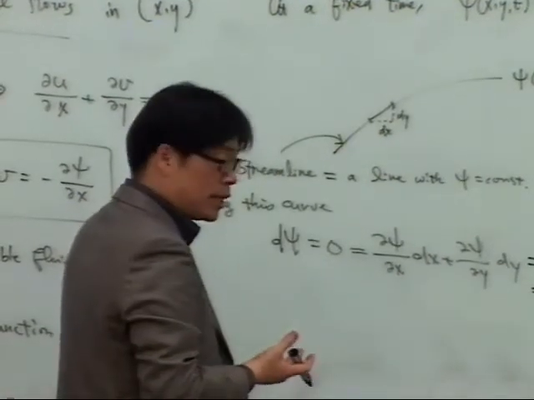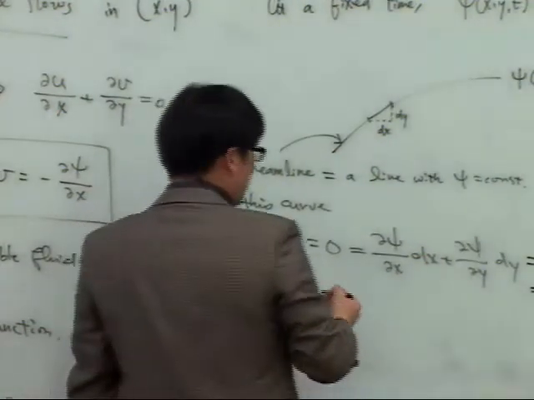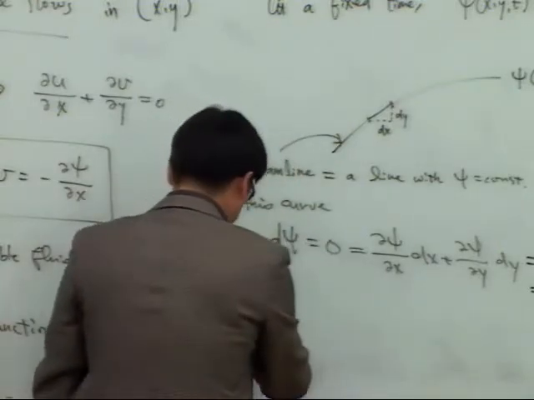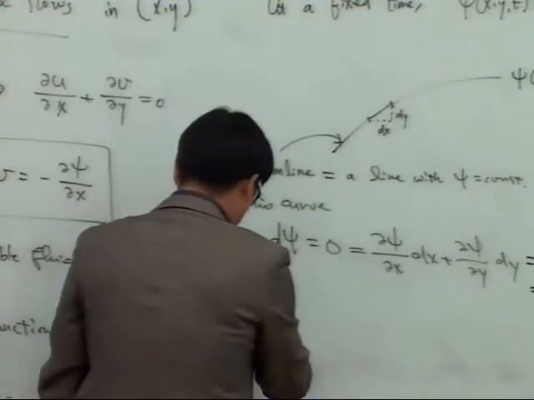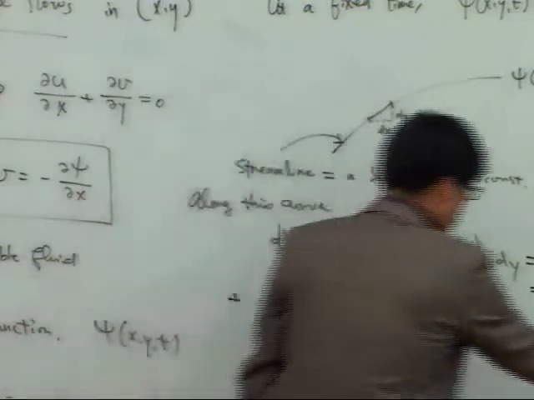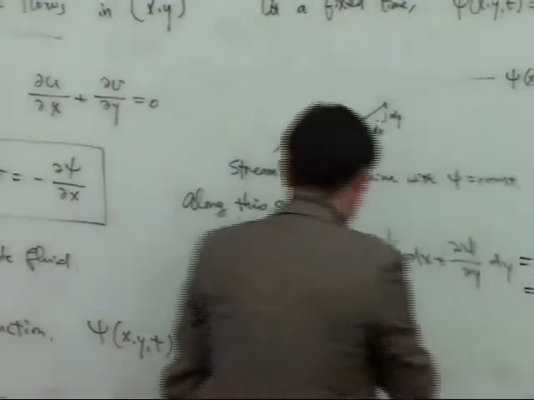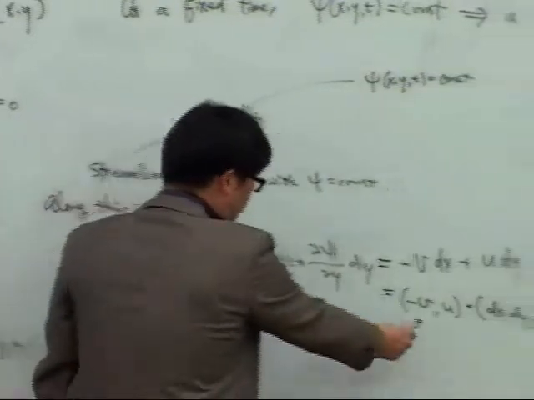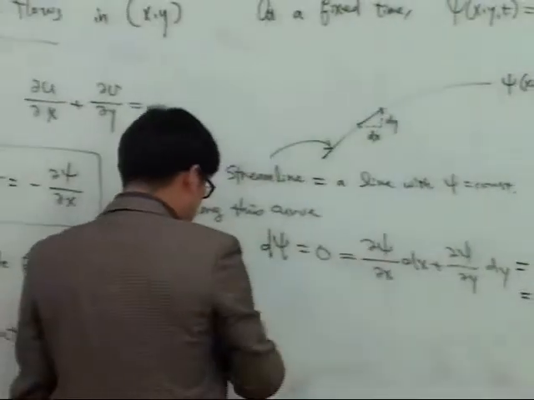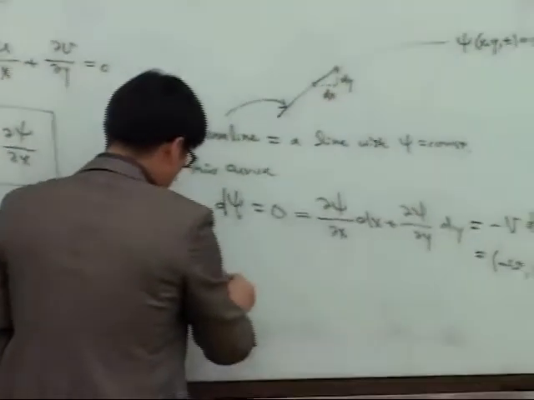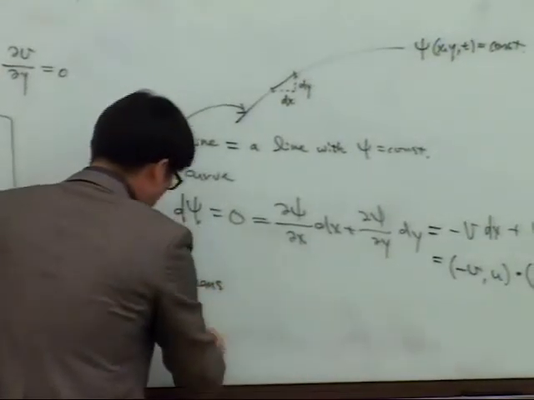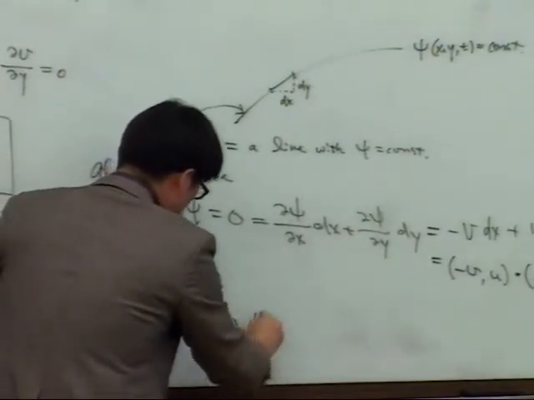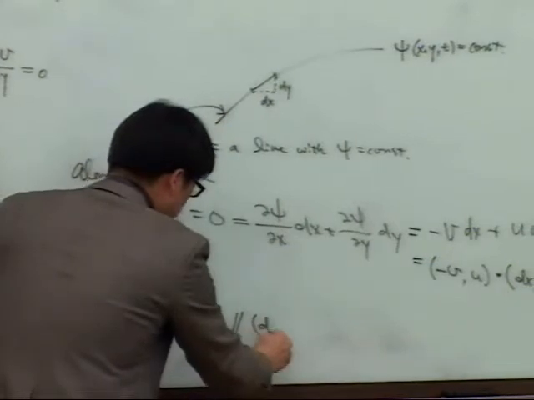So if the velocity vector, this has to be 0 because nothing changes along the streamline, and therefore u and v is parallel to dx and dy.